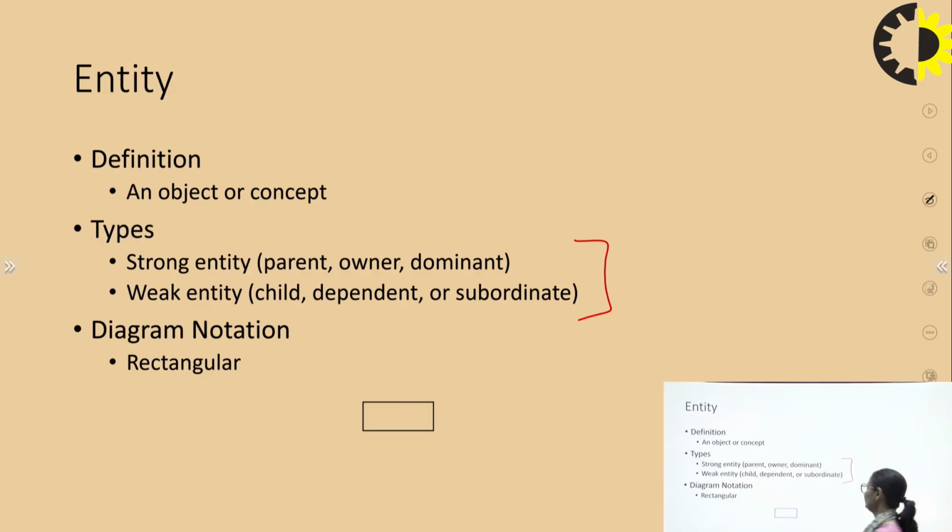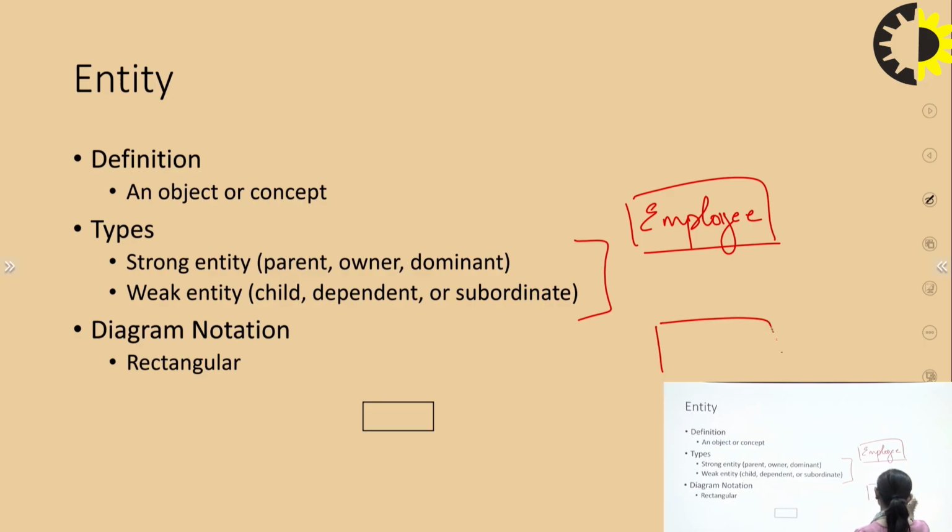For example, if I'm talking about the database of an organization, here I am keeping the details of the employee. This is one entity, and I am also keeping the details of the children, or you can say dependents, of this particular employee.